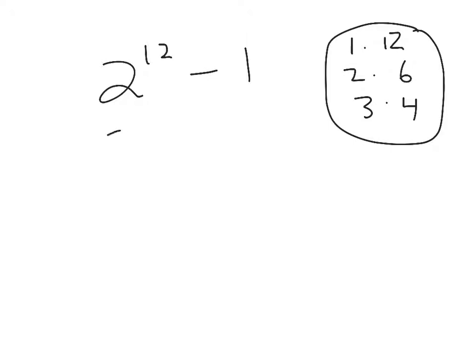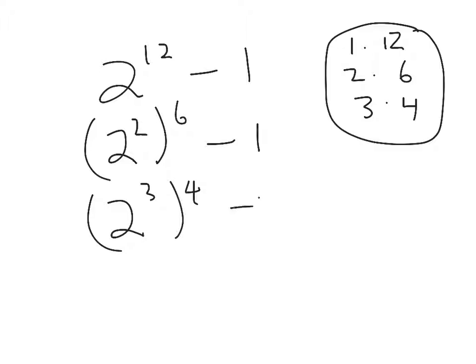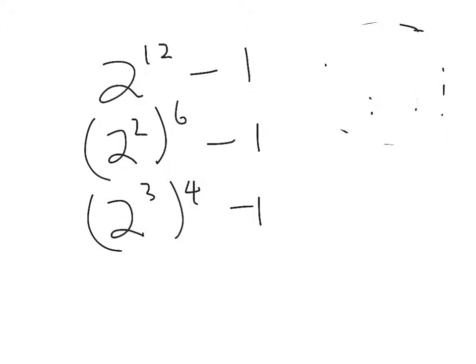So the first one will be 2 to the power of 6 minus 1. The second one will be 2 to the power of 3 to the power of 4 minus 1, which we can actually rewrite like this. I want to rewrite it over here, just to kind of solidify the idea in your mind.